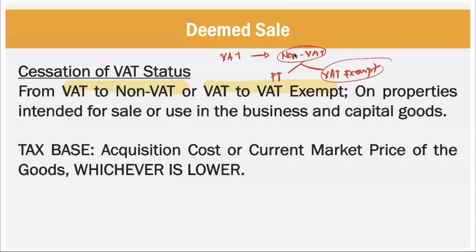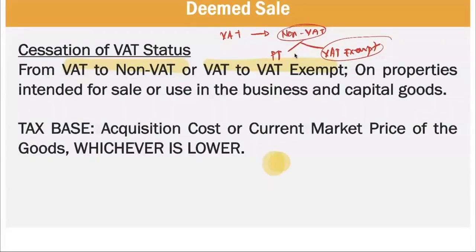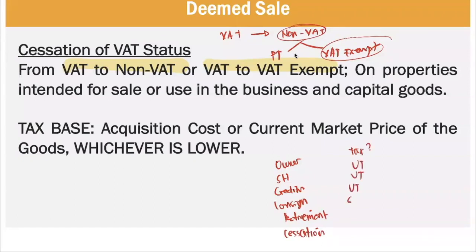But take note, from your owner, stockholder, creditor, consignment, retirement, and then we have here cessation. When to tax? Upon transfer; for consignment, 60 days and still unsold.